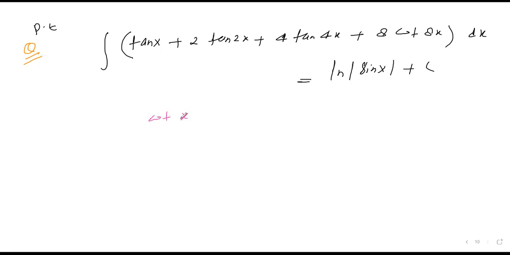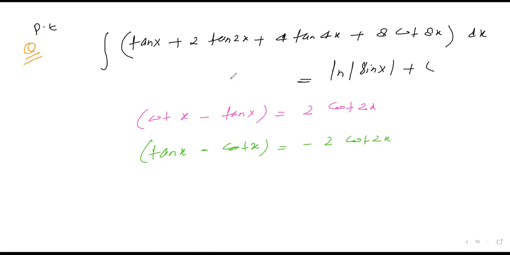So the identity is cot x minus tan x equals 2 cot 2x. Or you can write it simply this way also: tan x minus cot x equals minus 2 cot 2x.